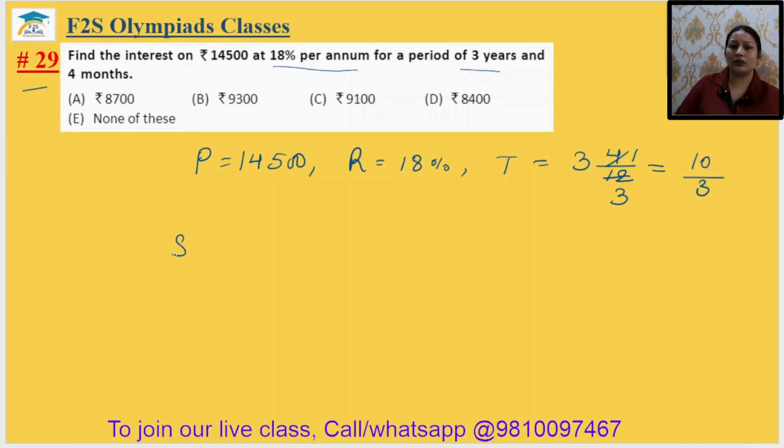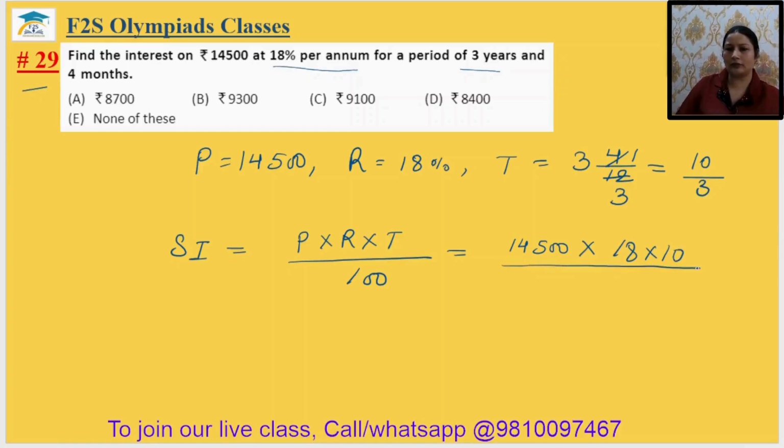So what is the simple interest formula? Simple interest formula is principal into rate of interest into time upon 100. So here it will be 14,500 into 18 into 10 by 3 into 100.